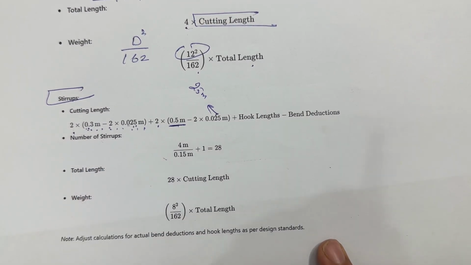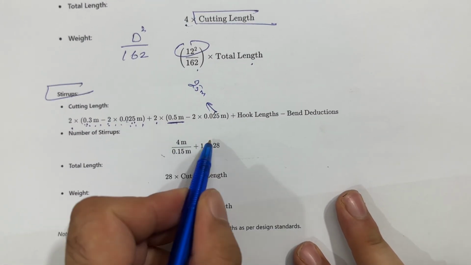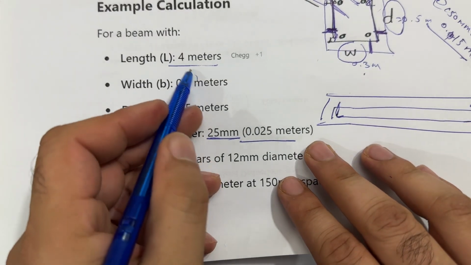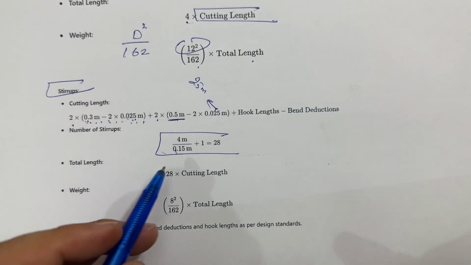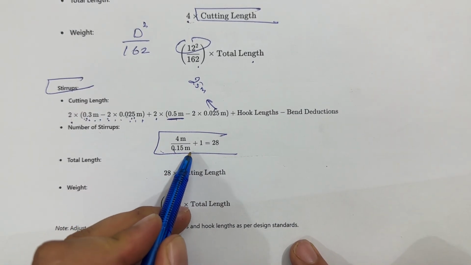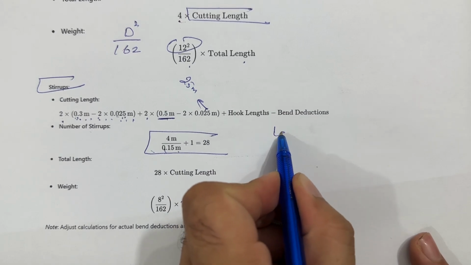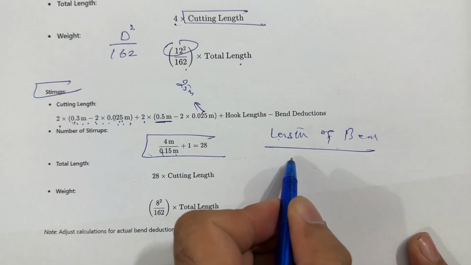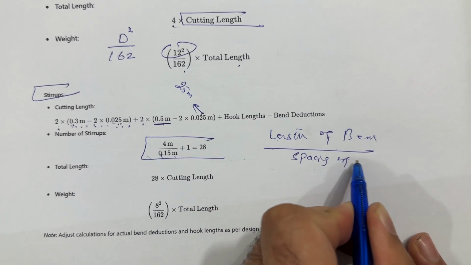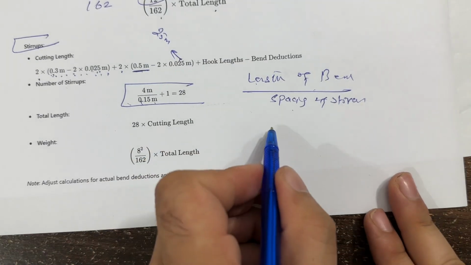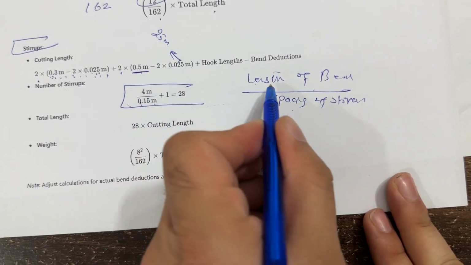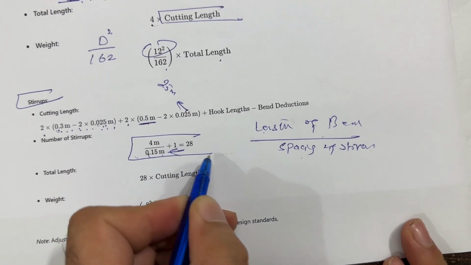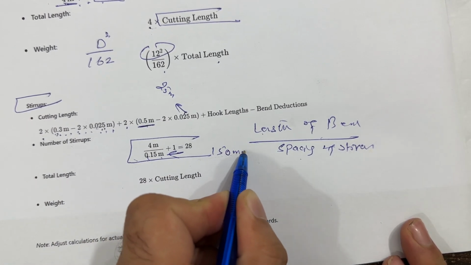Now the number of stirrups. How can you calculate the number of stirrups? 4 is the total length of the beam, so 4 divided by 0.15 meter, because of the spacing. So length of beam divided by spacing of stirrups, where 4 is the length of the beam divided by 0.15 meter, which is equal to 150 millimeter.